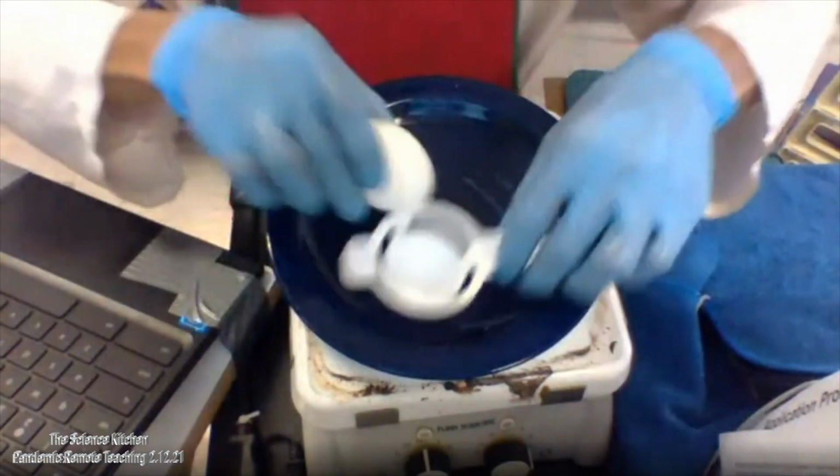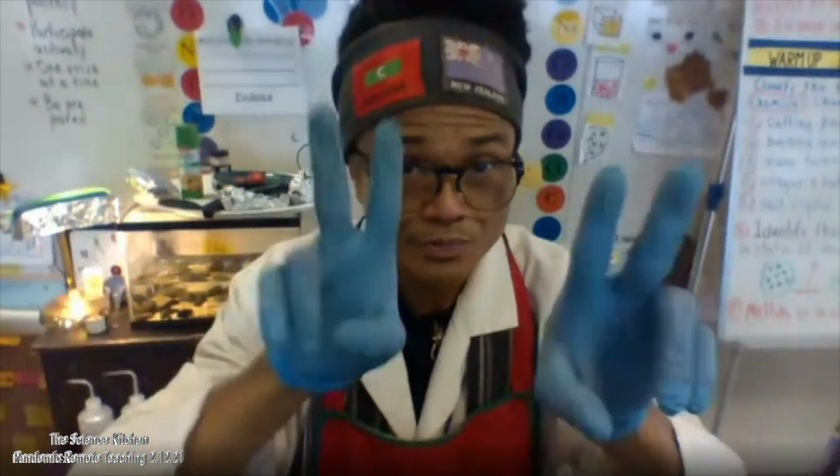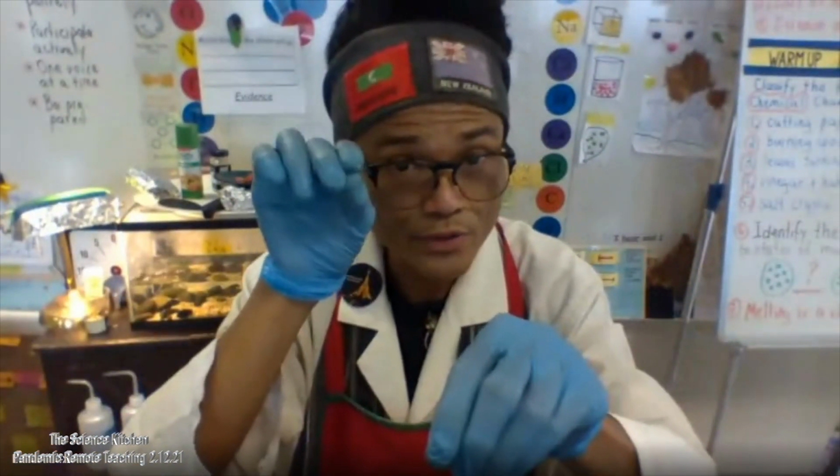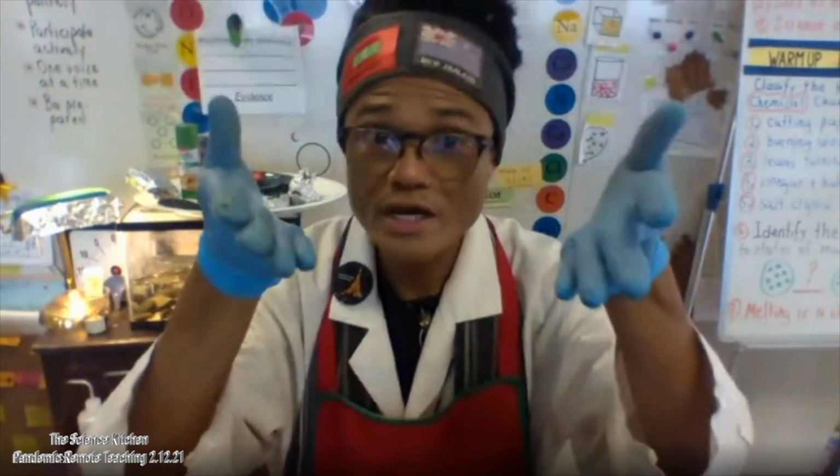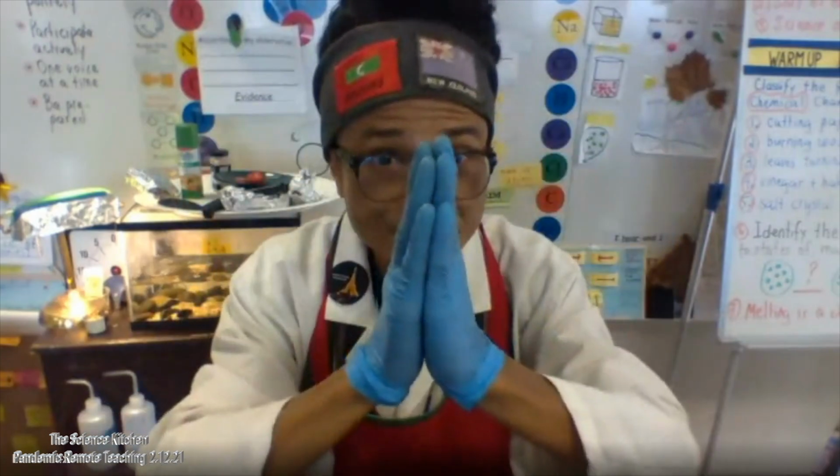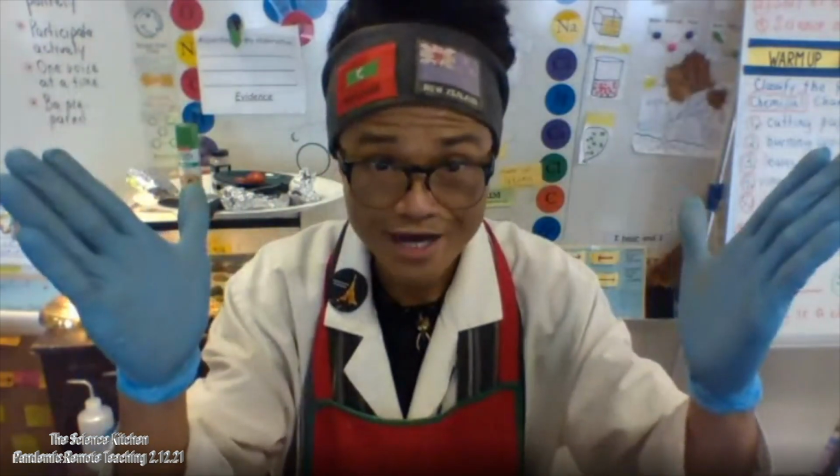Now in an egg, there are two parts. We have the yellow or the yolk and the white or the albumin. I want to separate one from the other by using a strainer.